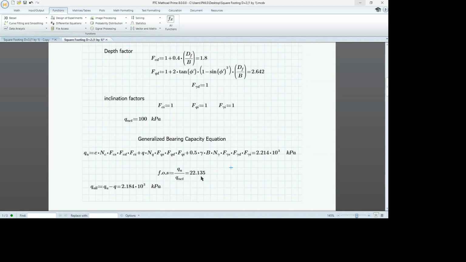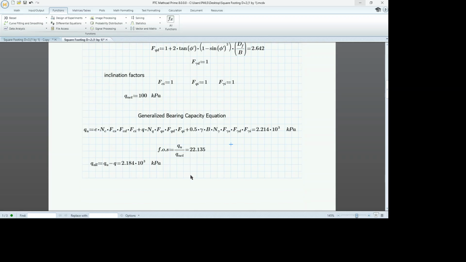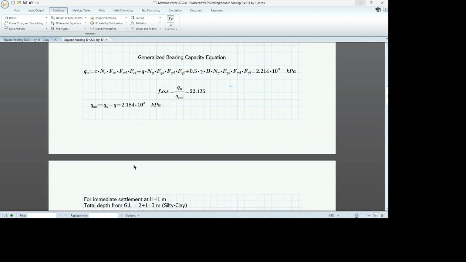The factor of safety was found from the calculation and comes out to be 22, and Q allowable is Q ultimate minus Q overburden. Q allowable becomes 2.18 into 10 raised to 3 kPa. So here we have found the ultimate bearing capacity and the allowable bearing capacity.